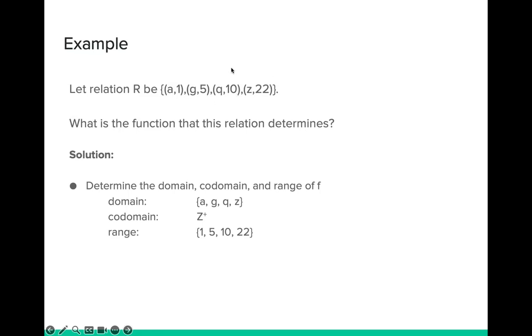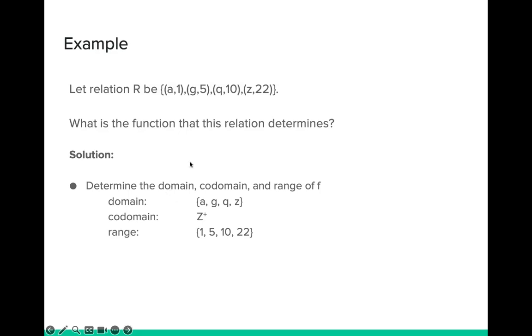This relation represents the mapping wherein A is being mapped to 1, and then G, which is an element of A, is mapped to 5, which is an element of B, and so on. So what is the function that this relation determines?